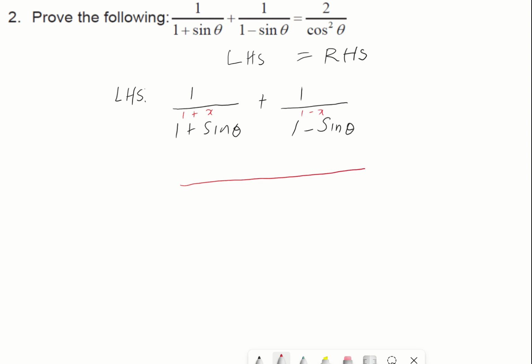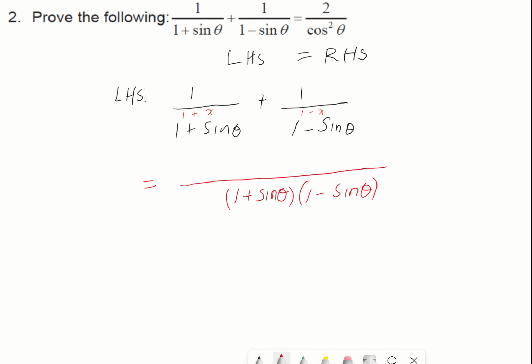Mostly when we have expressions like an algebraic fraction, you go to your denominator and look for your lowest common denominator, which is 1 plus sine theta times 1 minus sine theta. So always when you are proving trig identities or simplifying trig expressions, think of them as if you are working with algebraic expressions.